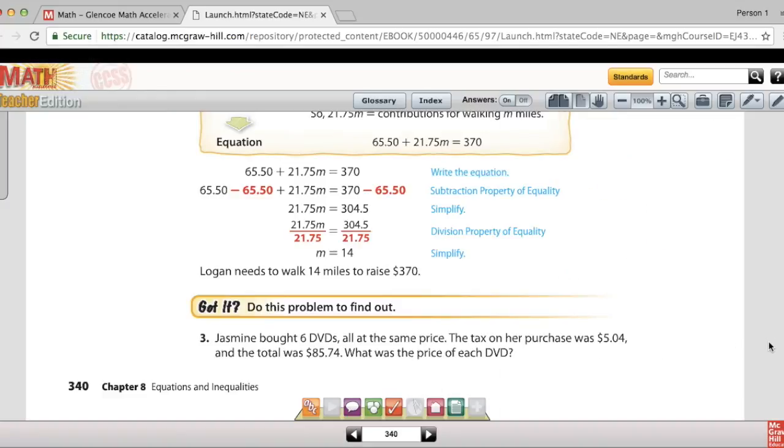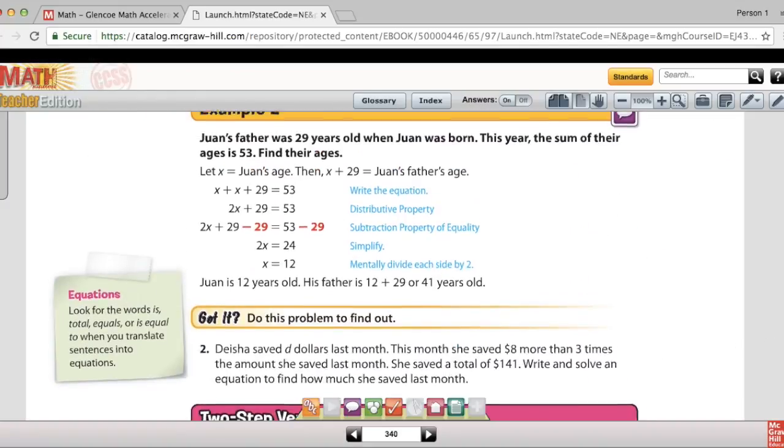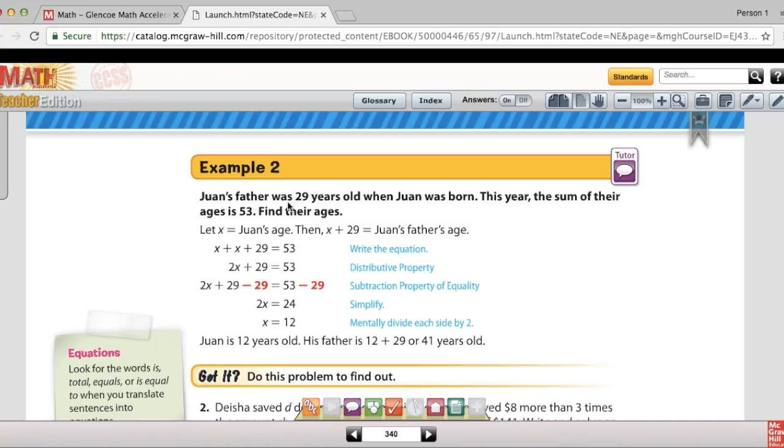In example 2, we're going to have more of the same thing by translating words into symbols. In this case, Juan's father was 29 when Juan was born, and then the sum of their ages is 53. So this is a little more complicated because we have to first say what x is going to be, in this case, Juan's age.